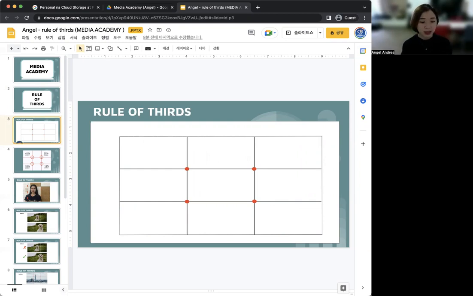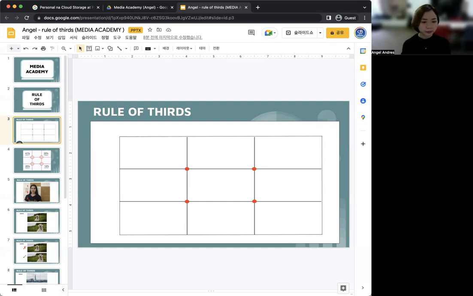For example, this is my camera. I don't know if you can pick up, but there are grids here. You can see the grids when you open the camera of your phone.